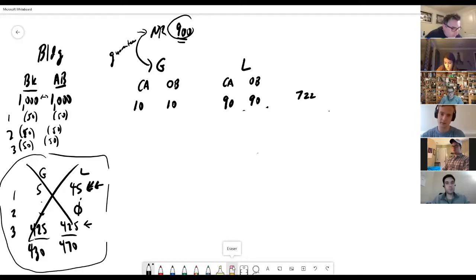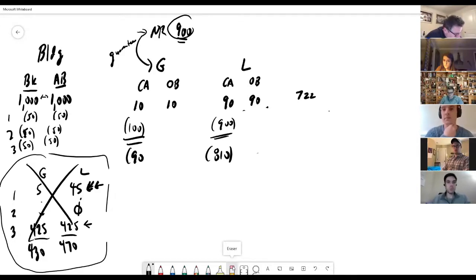So they allocate the loss. The loss will be allocated under the agreement. It looks like it'll be allocated 100 and 900. So L has a negative capital account of 10 and G has a negative capital account of 90. G's going to have to kick in the 90 because G has to restore. L doesn't have to restore. G's then going to be called pursuant to his guarantee to pay the remaining 810.